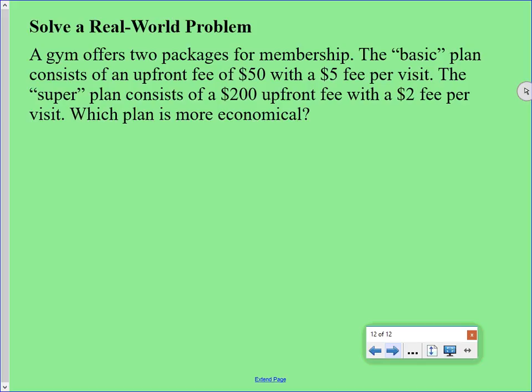All right, so let's reread that and go through and circle our keywords. Gym offers 2 packages for membership. The basic plan consists of an upfront fee of $50 with a $5 fee per visit.